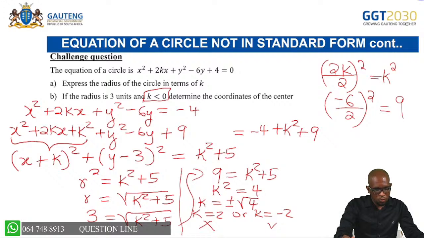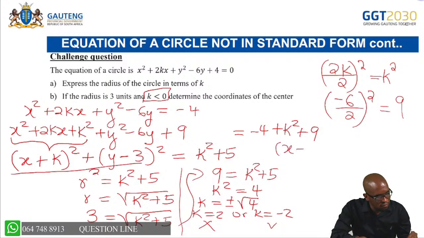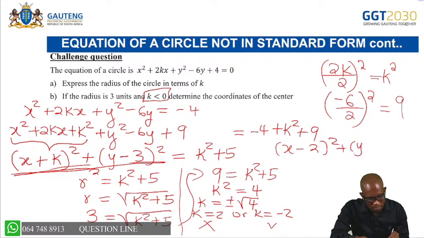They said we need to determine the coordinates of the center. Now, if you check the original equation, it contained values of k. So in the original equation, where we see k, we're going to put minus 2. So this would be x minus 2 all squared plus y minus 3 all squared equals minus 2 squared plus 5.